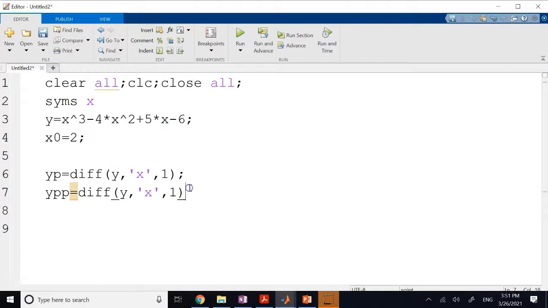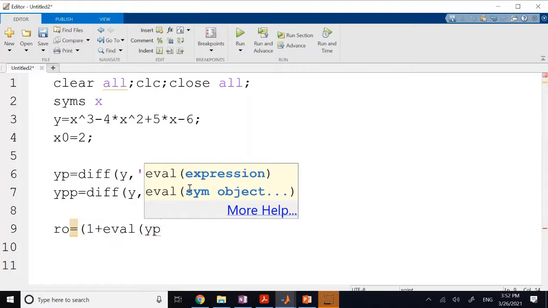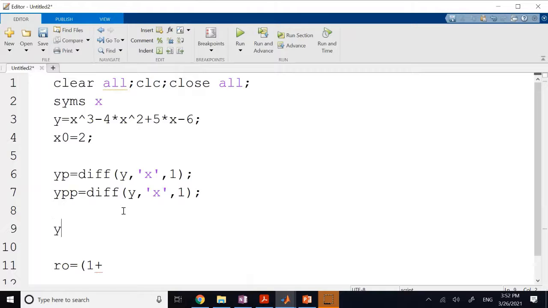Good. Now what? Rho is equal to 1 plus what? Eval the y prime, but you have to first calculate it outside, then bring it in. So you say y prime at the location x is equal to, first, before that, you say x equals x naught, then you say now eval for me the y prime.